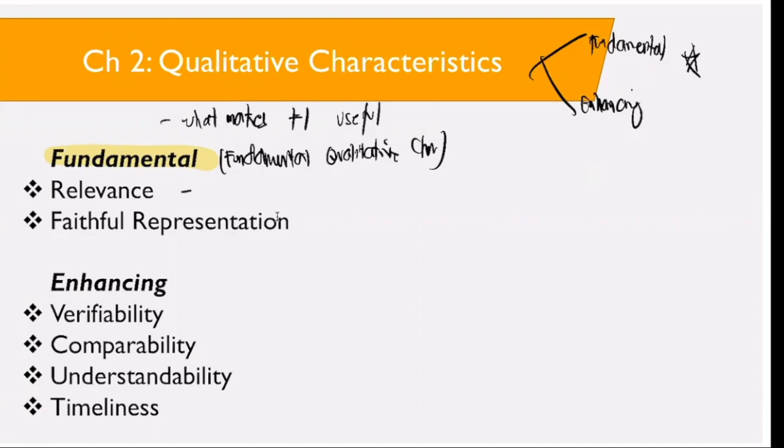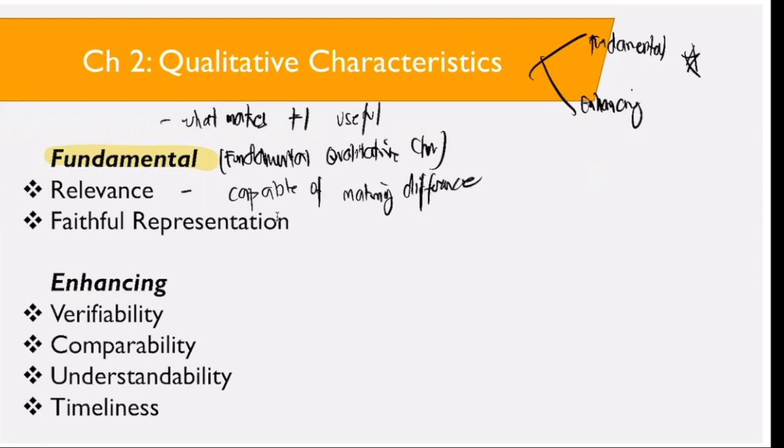Okay, so under relevance, relevance means that it must be capable of making a difference to the decision made by your users. So, capable of making a difference. It is capable of making a difference if it has a predictive or confirmatory value.